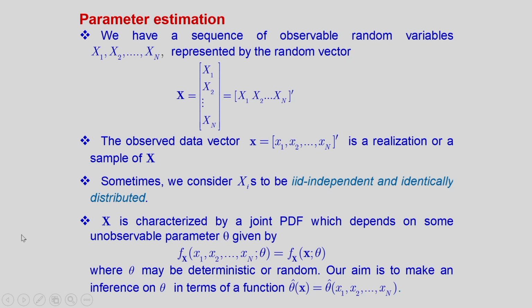We can write the joint PDF in terms of the parameter theta, and in vector notation we will write it like this, omitting the x also. So, this will be simply f of x, theta.